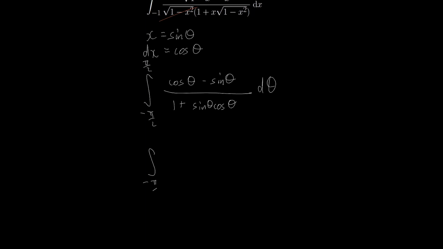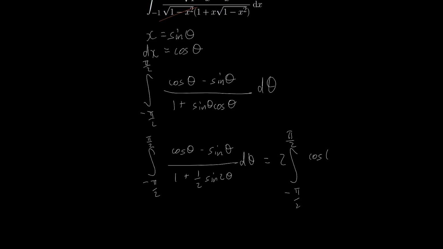So from minus pi over 2 to pi over 2 of cosine theta minus sine theta, and here we're going to say this is a half sine 2 theta. Now we're going to quickly take out the 2. So now we have 2 plus sine 2 theta on the bottom.